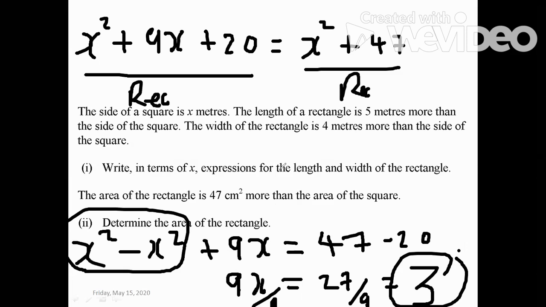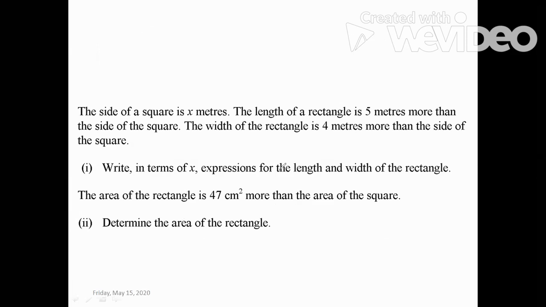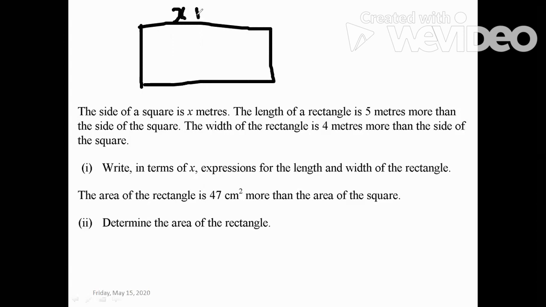All right, so remember, this was our rectangle. We had x plus 5 for the length and x plus 4 for the width. Now x turns out to be what again? No, x turns out to be 3, right?